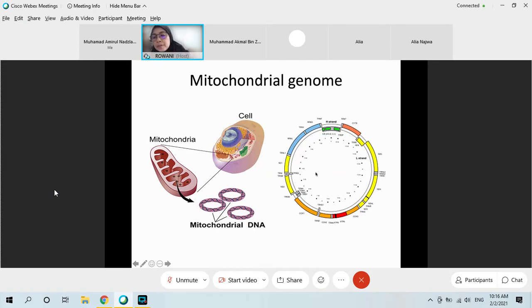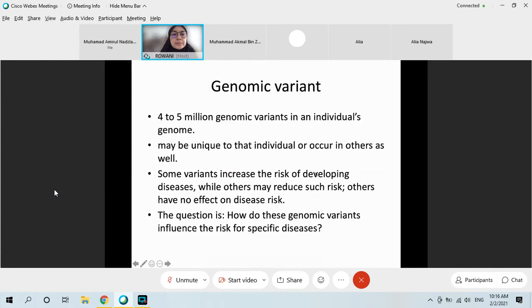Then what is genomic variance? This is another terminology that you have to understand. You see, we are not the same. All humans are different. Although the majority of our genes are the same, my genes are almost the same as yours, but I have some variations that make me different from you.